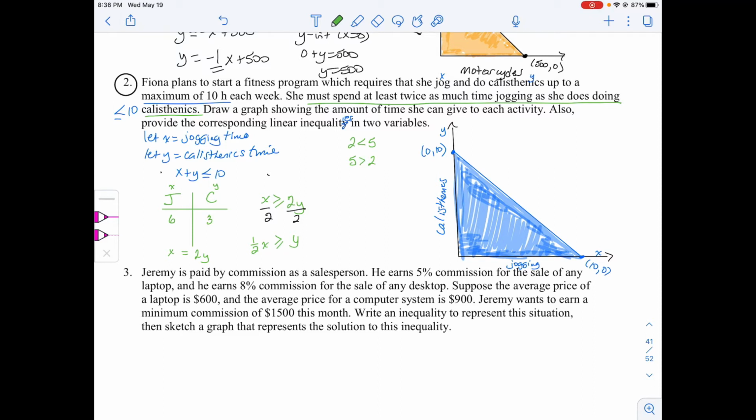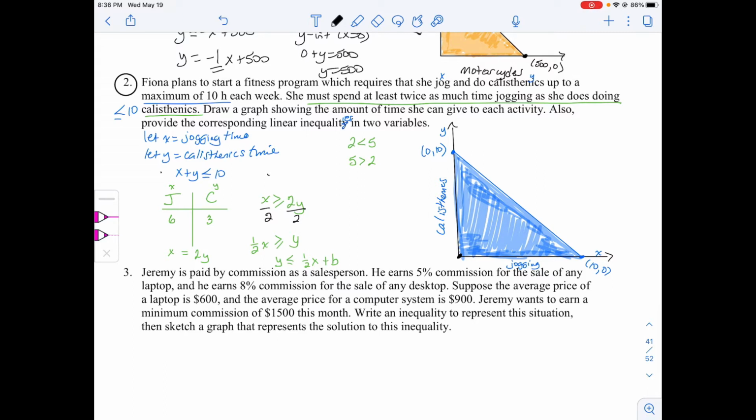Same thing goes with our inequality here. y is less than or equal to 1/2 x. When I think of that as y equals mx plus b, our b value is 0. So I would start here at my origin, and it's a little bit tricky to go up 1 and over 1 because we don't have a grid.